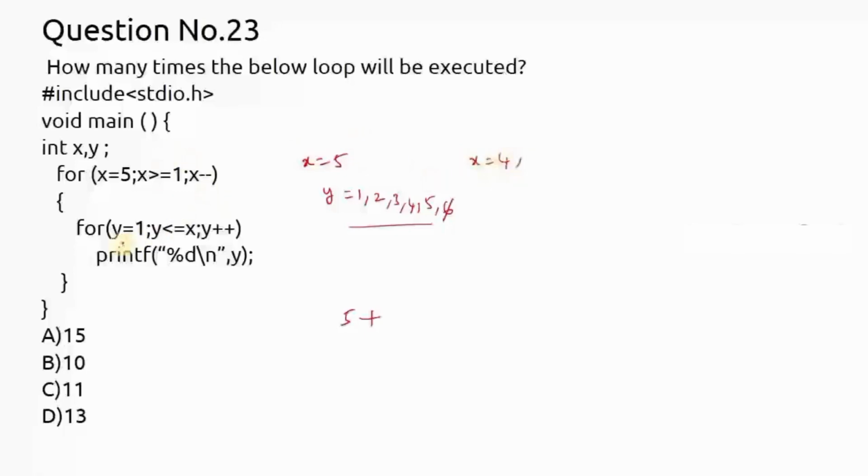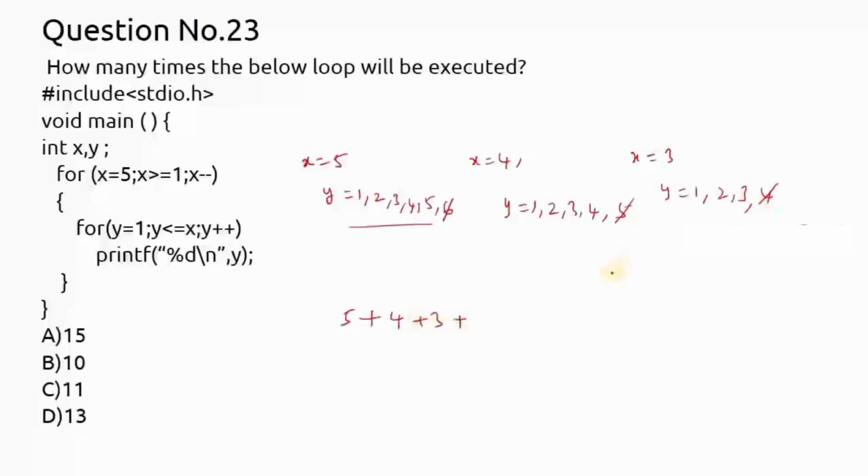When x equals 4, for y equals 1, of course 1 is less than or equals to 4, like this, 2, next 3, 4. When it comes to 5, then the condition will be false. So here it will execute 4 times. When x equals 3, y will take 1, 2, 3 only, where 4 is false. So 3.